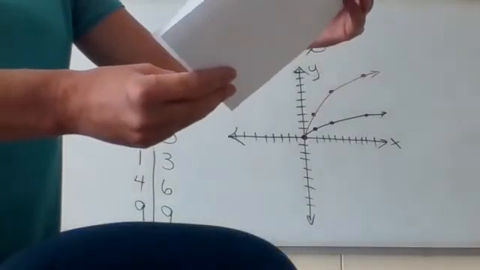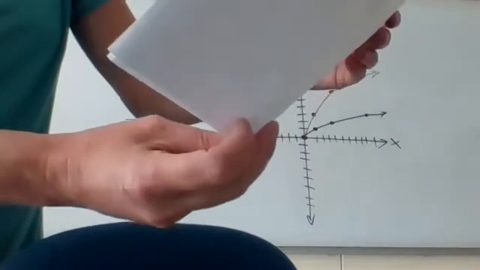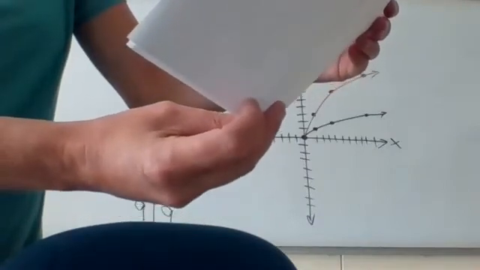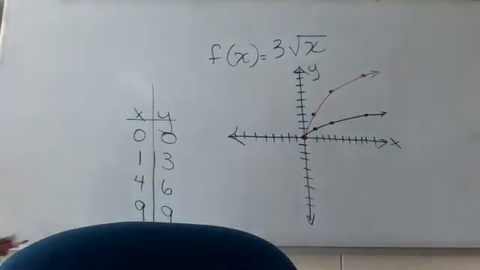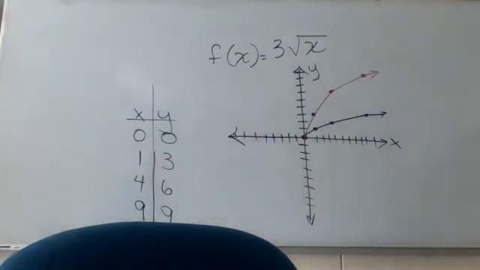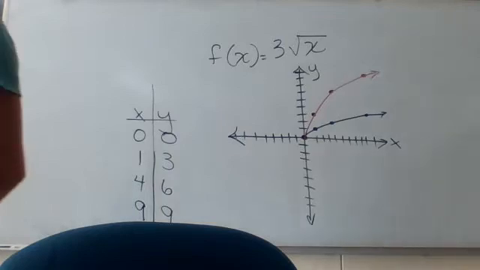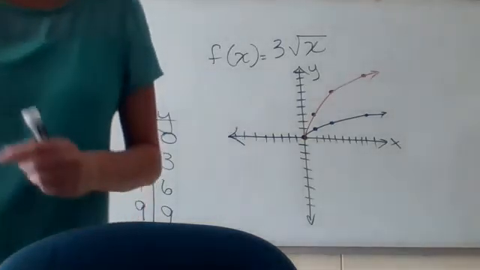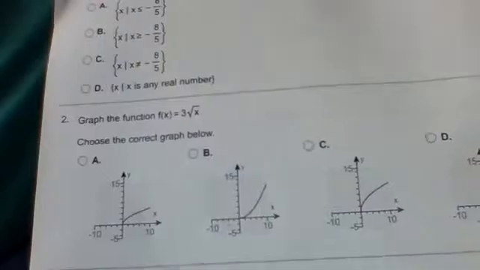Like I can get rid of definitely B, right? It's not going in the right direction. So it's either A, C, or D. And again, you'll be able to blow up those graphs to see which ones cross through those points, which looks like it would probably be C, right? C is the one that went steeper.